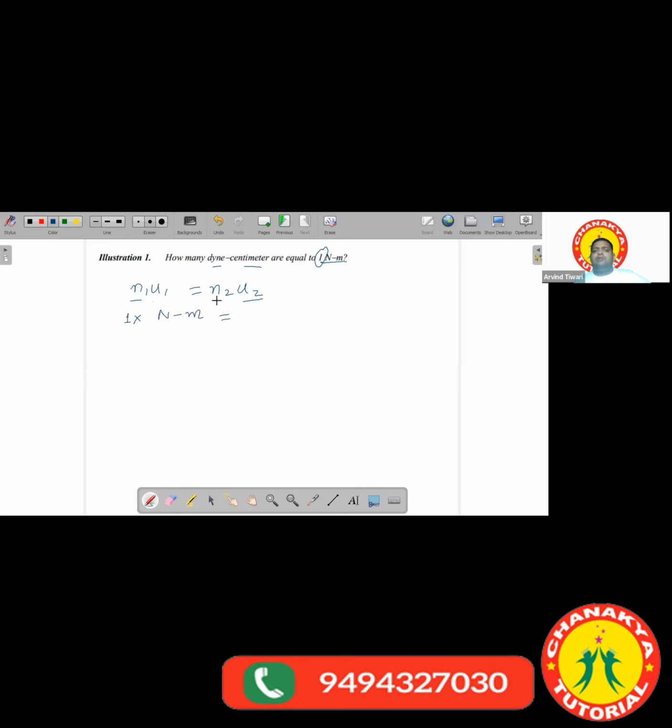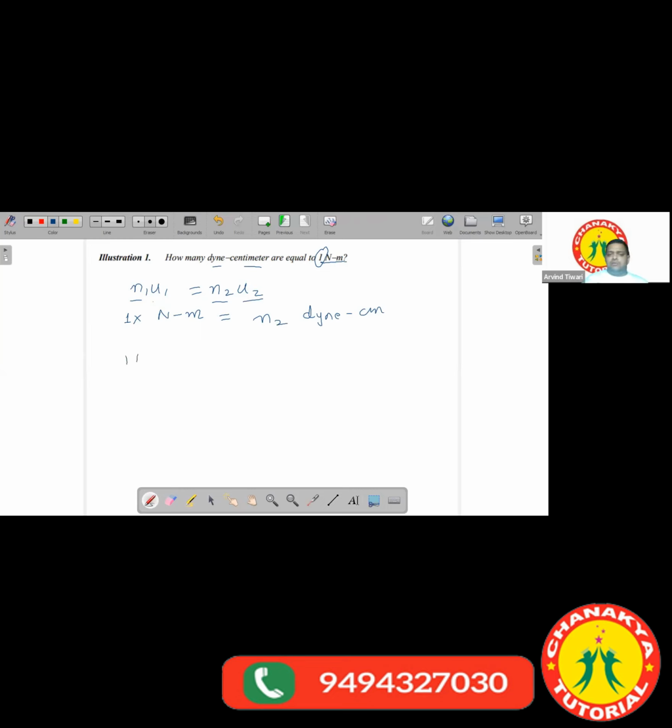Should be equal to, I want to find out how many. So I want to find out N2, and my U2 is dyne centimeter. Once I find N2, I will know how many dyne centimeter there are.